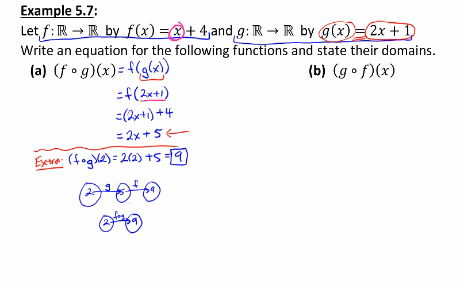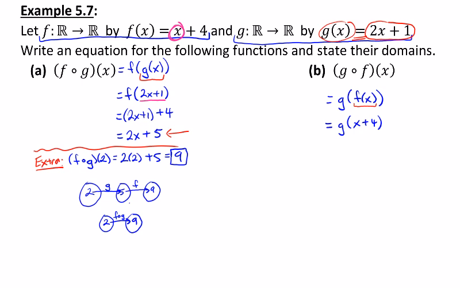So this is equal to g composed with f of x. I'm going to start by taking f of x and replacing it with x plus 4, because those two things are equivalent according to the equation.